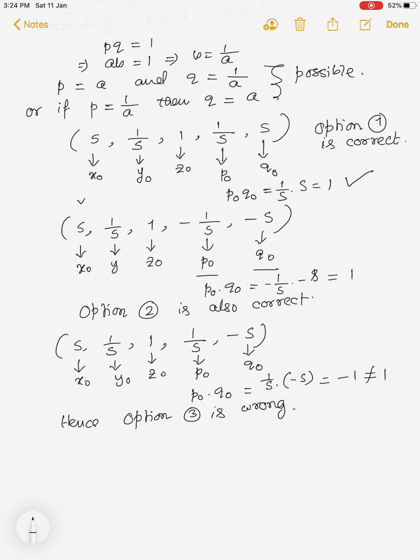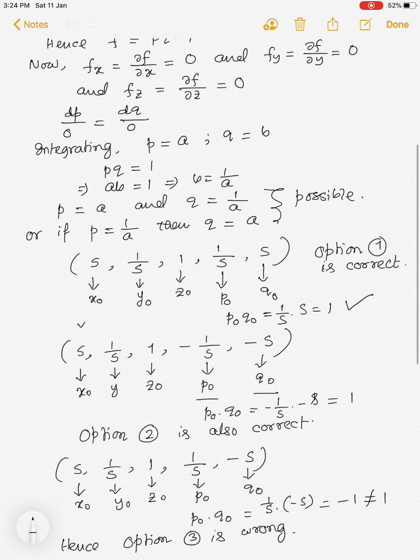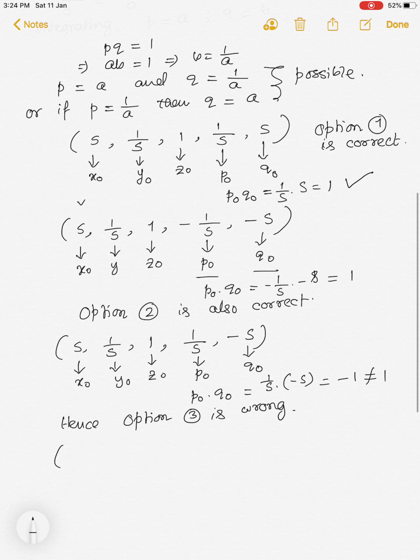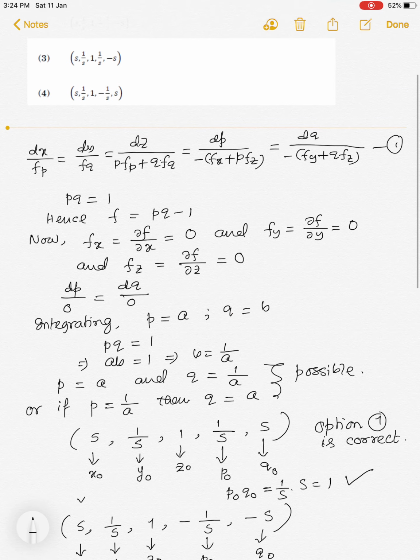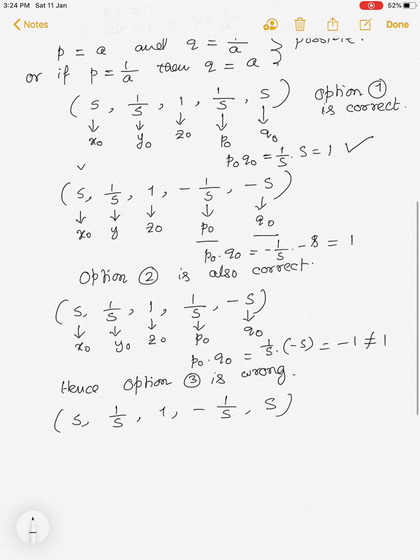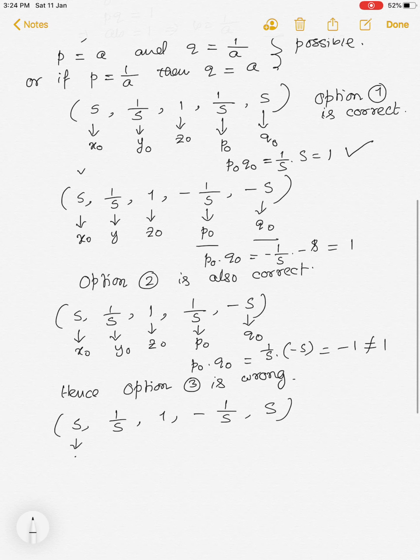Now let us check the last option: s, 1 by s, 1, minus 1 by s, and s. This is for x0, which is already given, and this is for y0, this is for z0, this is for p0, and this is for q0.